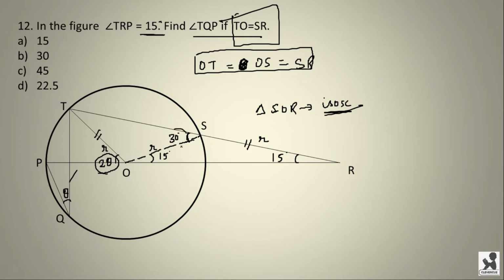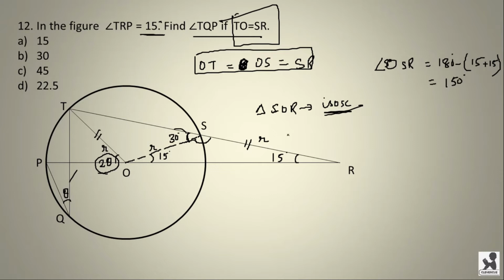How did we get this 30 degrees? External angle is equal to the sum of opposite angles. We can prove this easily. If we need to find angle OSR, it will be 180 degrees minus (15 plus 15), which is equal to 150 degrees.